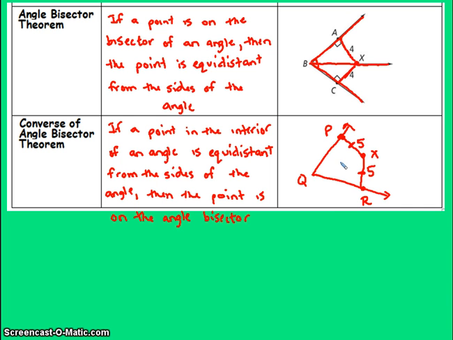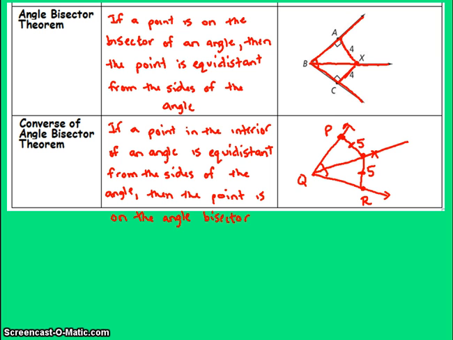So what the converse says is that if a point on the interior of an angle, or the inside of an angle, is equidistant to the sides, then we can conclude that the line drawn through this X from Q to X is the angle bisector, and it cuts that angle into two equal parts.